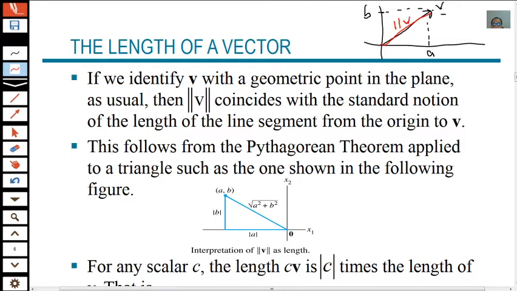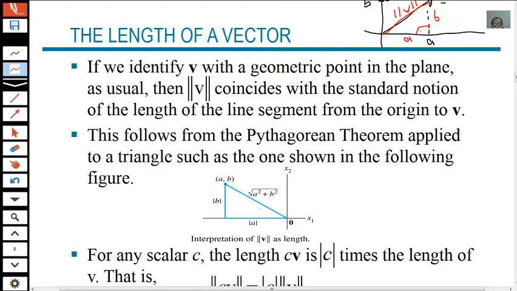We have a right triangle here, and this line segment is the hypotenuse of this right triangle. Using the Pythagorean Theorem, with the horizontal distance a and the vertical distance b, the line segment from the origin to the terminal point is equal to the length of the vector v, the norm of the vector v, as you can see.